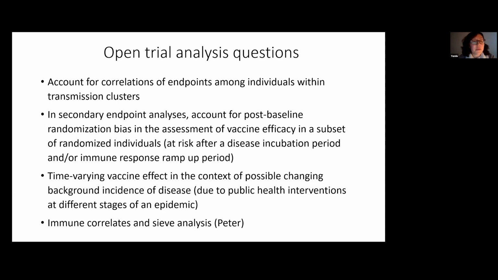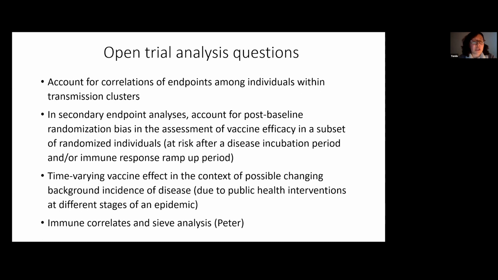Another question is in secondary endpoint analysis, where we want to assess vaccine efficacy in a subgroup of individuals, accounting for the possible incubation period or the immune response ramp-up period, which would normally be a couple of weeks after the vaccination.